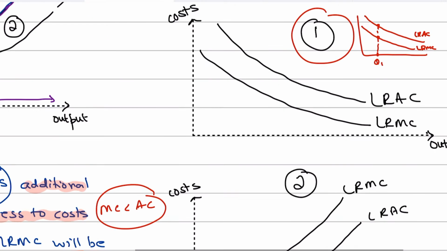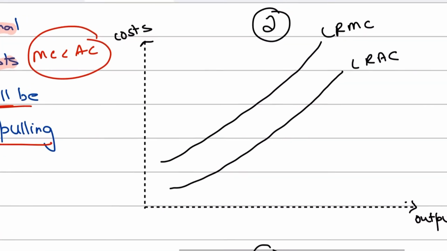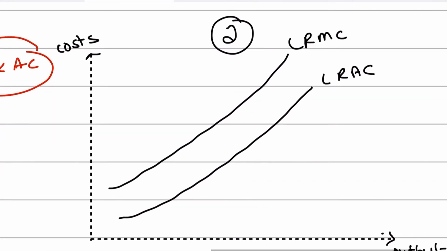In part 2, because of decreasing returns to scale, caused by diseconomies of scale, the business is not getting any cost advantages. It's in fact because of communication and management issues. Basically, for the additional units that the business is producing, the additional cost the business is incurring is more than the average cost.